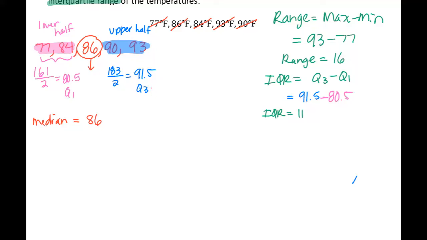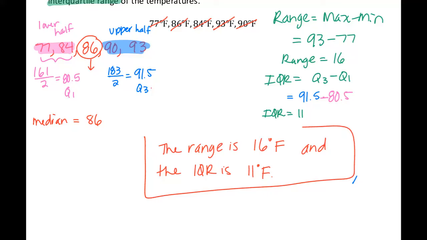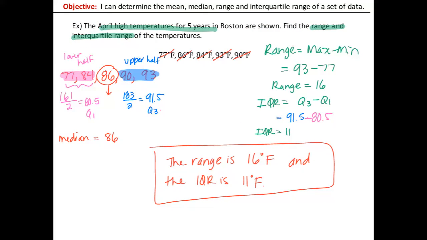So we would say the range is 16 degrees Fahrenheit. And the interquartile range, or you can just write the IQR, is 11 degrees Fahrenheit. No, in the directions it says we're only finding the range and the IQR.